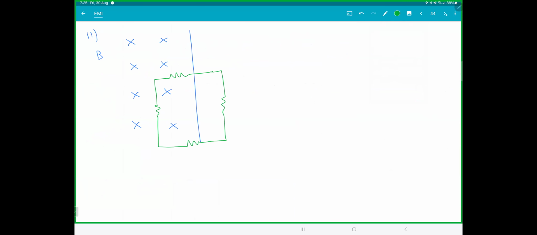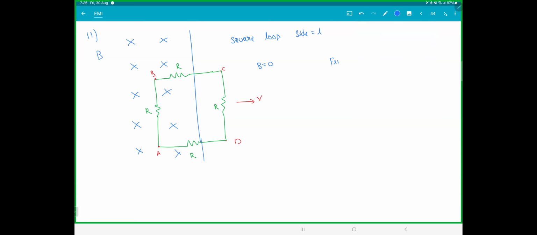It's a square loop, side L. This loop is coming out with speed V. This is resistance R, resistance R, resistance R, resistance R. These are A, B, C, and D. On the left side there's a magnetic field, on the right side there's no magnetic field, B is 0.